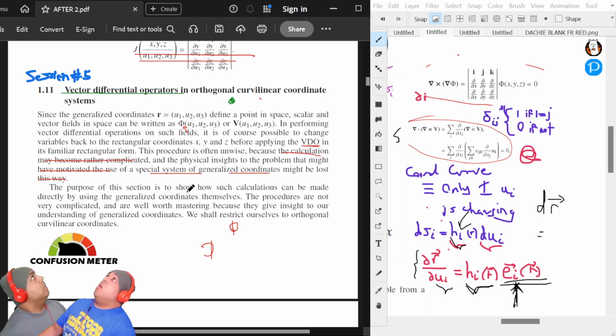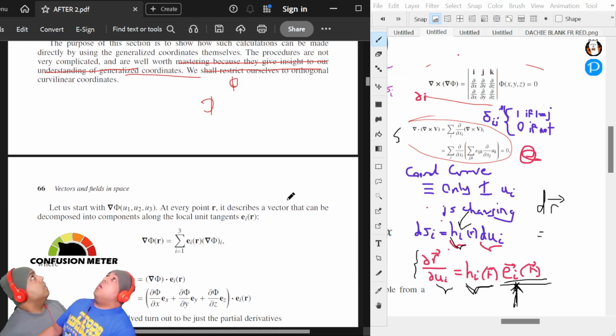The purpose of this section is to show how such calculations can be made directly by using the generalized coordinates themselves. The procedures are not very complicated and are well worth mastering because they give insight into generalized coordinates. We will restrict ourselves to orthogonal curvilinear coordinates.